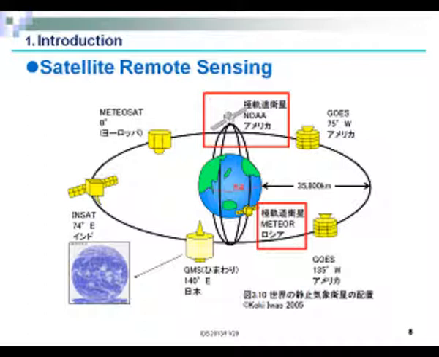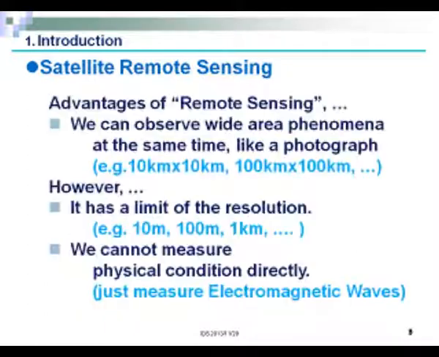Next, I will talk about the advantages of remote sensing. The most remarkable advantage of satellite remote sensing is that we can observe phenomena over a wide area at the same time, like a photograph, as seen previously. It is a very remarkable advantage.